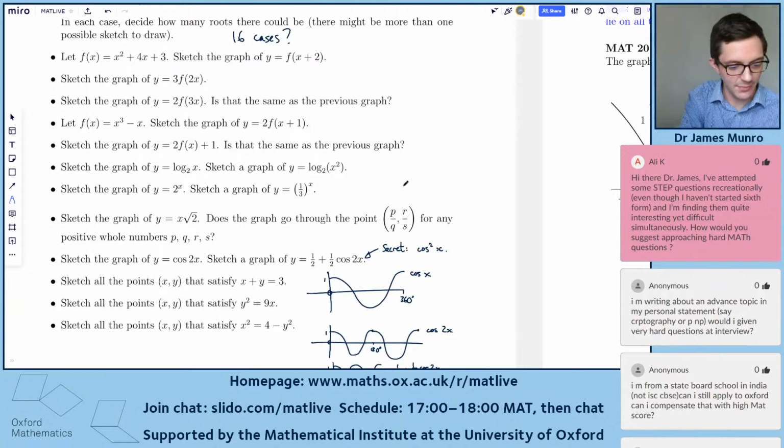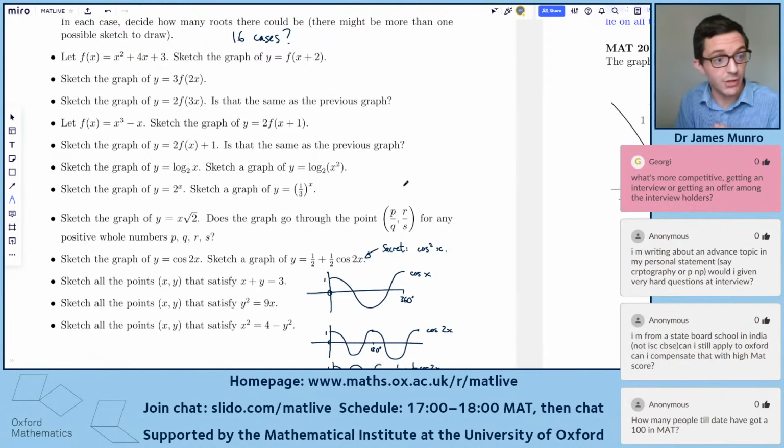yet. Okay. Georgie has got a question about ratios. Georgie wants to know the ratio of people getting an offer as a fraction of people who got an interview, or the people who are getting an offer. So, the first one is about 30%, and then the second one is about 33%.